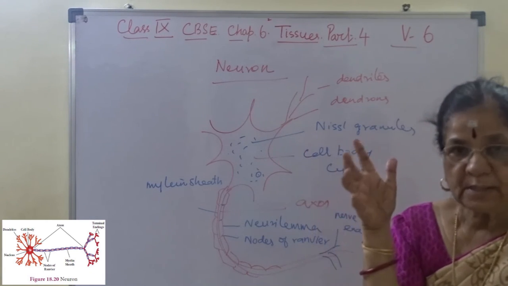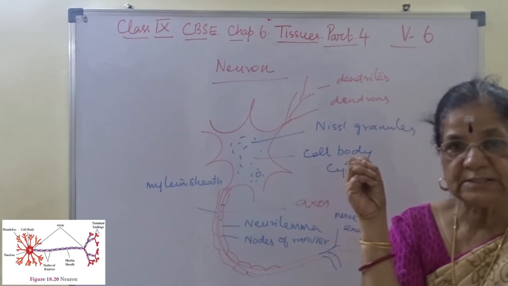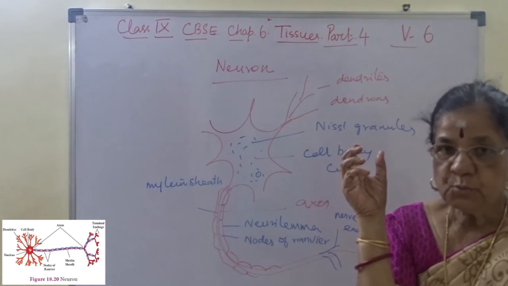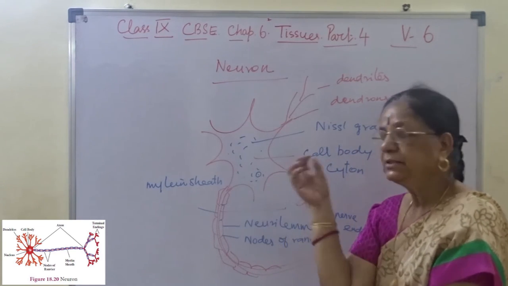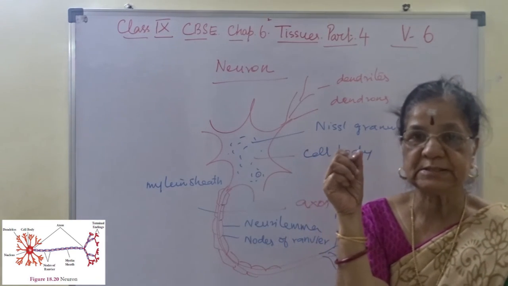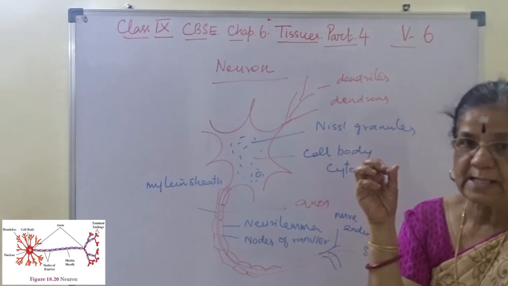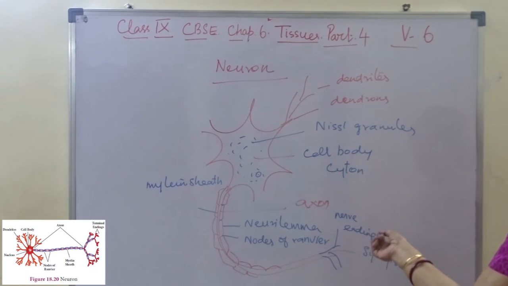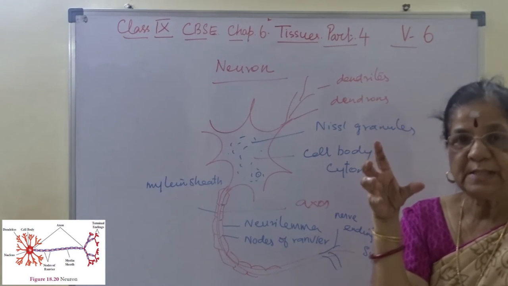Axon has a double layer, outer neuroderma, not smooth in nature, and inner smooth myelin sheath. The neuroderma has constrictions, and the space between the constrictions is called nodes of Ranvier. This axon ends in fine nerve endings called synapses.